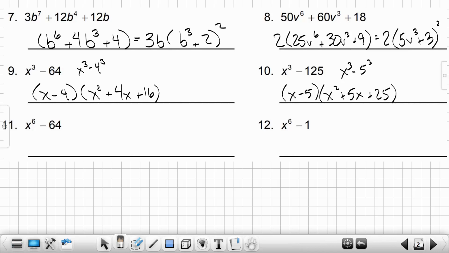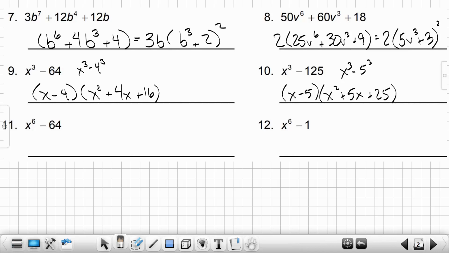So here's the problem, Yvonne. X to the 6th, is that a square or a cube? X to the 6th is x squared cubed. If I take x squared and cube it, x squared times x squared times x squared makes x to the 6th.